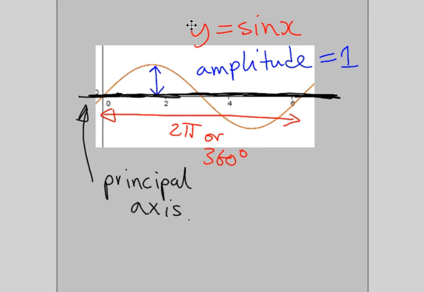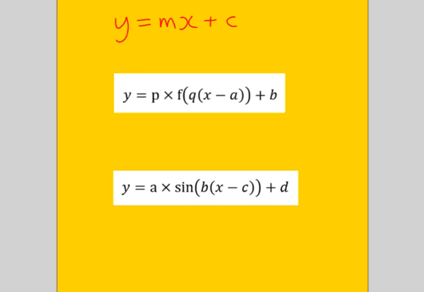Well, in order to transform the function, we need to revise a little bit of graph transformations and also the idea of a parameter. Let's take a simple example of y equals mx plus c. m is a parameter which affects the gradient.